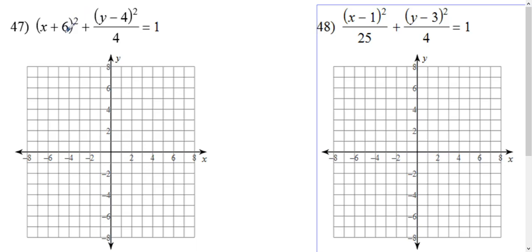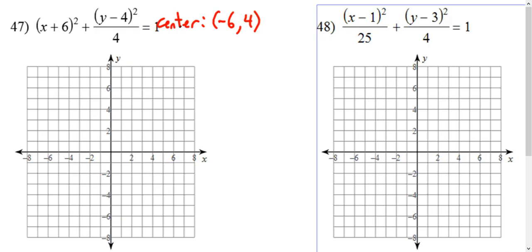So for our first example, x minus h, so that means h is -6. The center is starting at -6. And then y minus k, so k is 4. So our center is at (-6, 4).